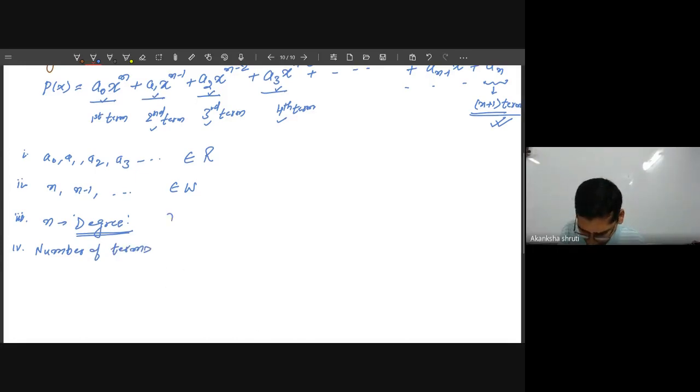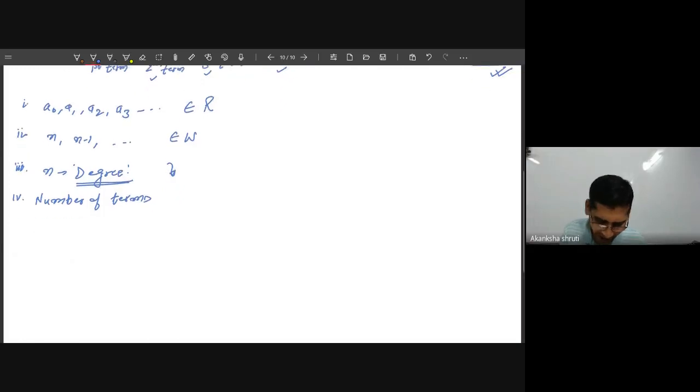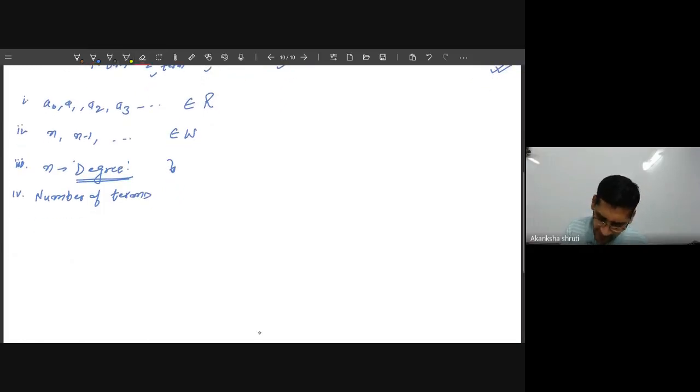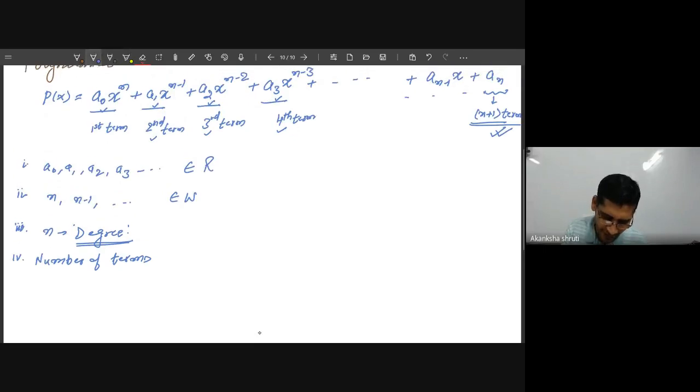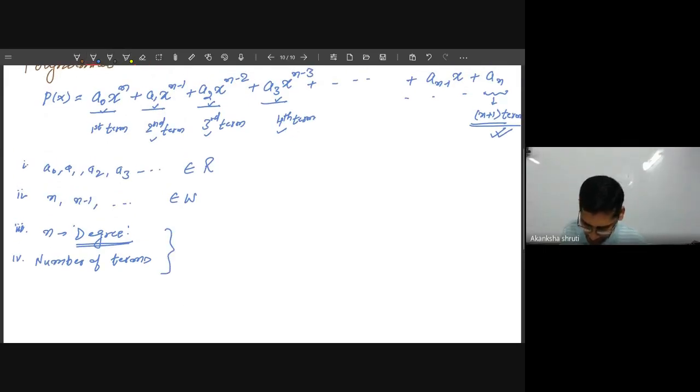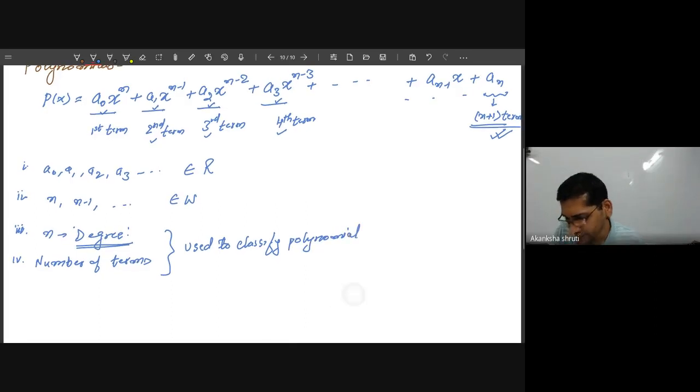So these two things are used for classifying a polynomial, means giving the name to the polynomial. So there will be two kinds of classification. These are used to classify polynomials, means categorizing or giving the type of polynomial.